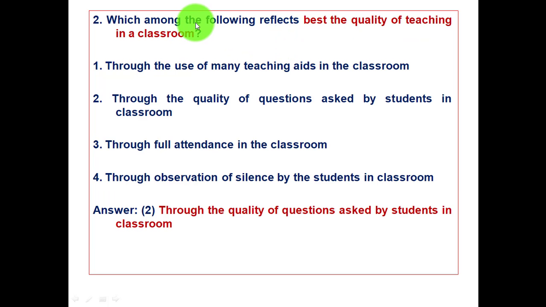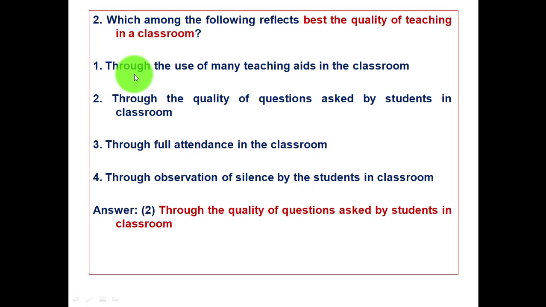Next question: which among the following reflects best the quality of teaching in the classroom? We'll check the options. Through the use of many teaching aids in the classroom, through the quality of questions asked by the students in the classroom, through full attendance in the classroom, through observation of silence by the students in the classroom.